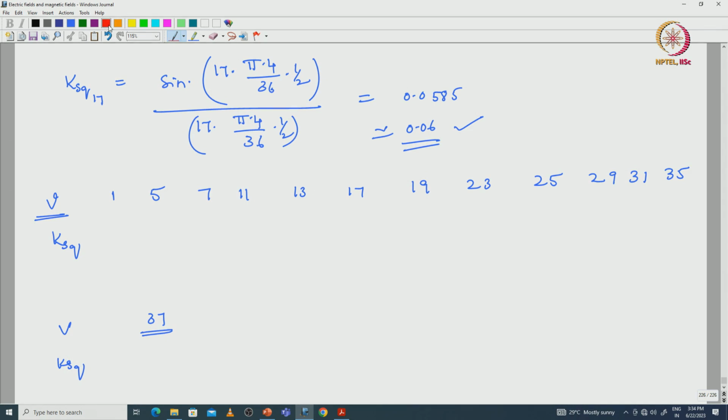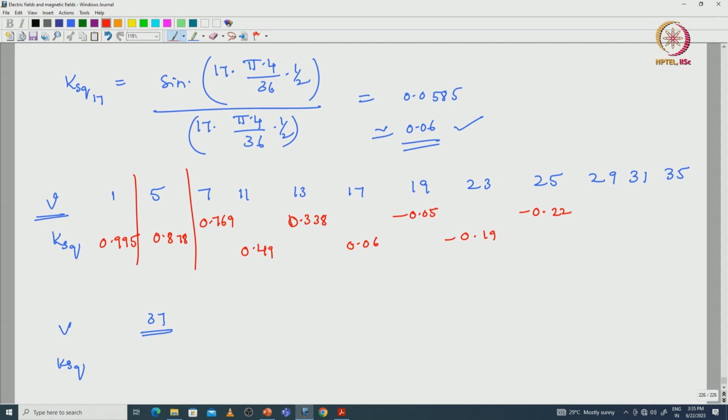Then the KSQ values, if we substitute in the same skewing factor equation, for the fundamental it will be 0.995, for the fifth harmonic 0.878, for the seventh harmonic 0.769, for the 11th harmonic 0.49, for the 13th harmonic 0.338, for the 17th 0.06, for the 19th minus 0.05, for 23 0.19, for 25 minus 0.22.